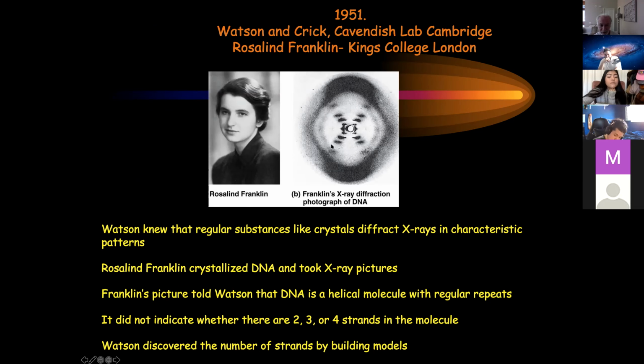Well, Watson happened to know that regular substances like crystals diffract X-rays in characteristic patterns. And you can see this is a characteristic pattern. So he and Crick went to King's College to talk to Franklin, asked to look at her pictures, and she showed them, among others, this one.